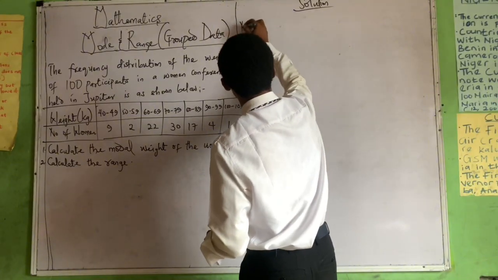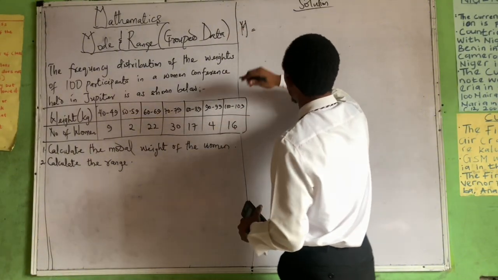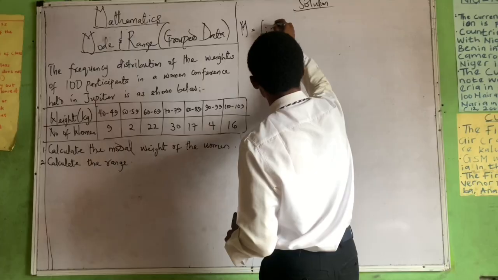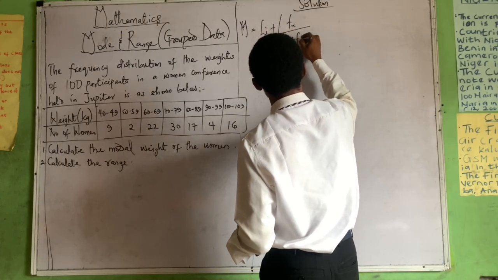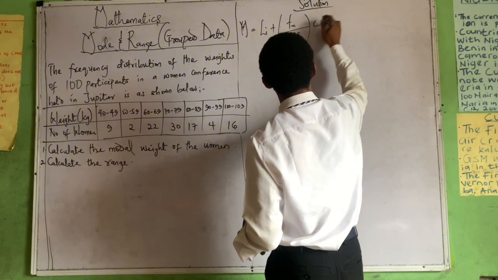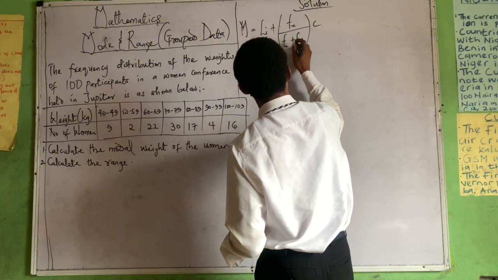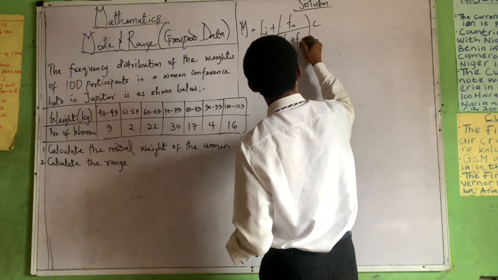So for the mode of grouped data, we have L_i plus f_x over f_x plus f_y, then times c. This is not fx, it is f subscript x and f subscript y.